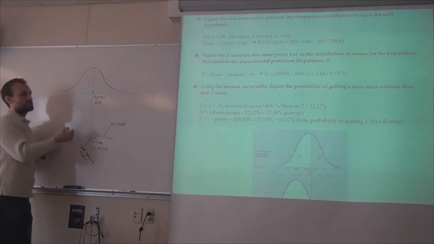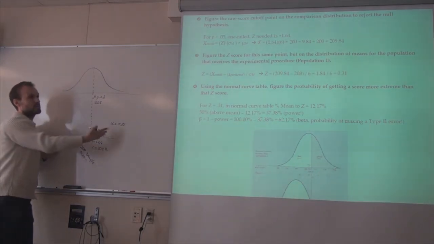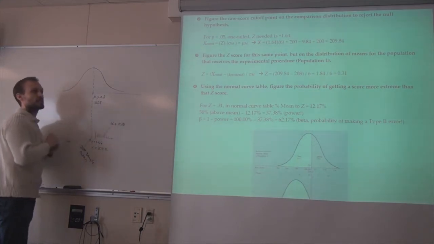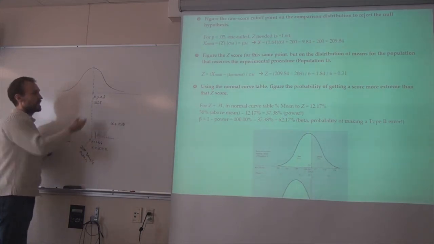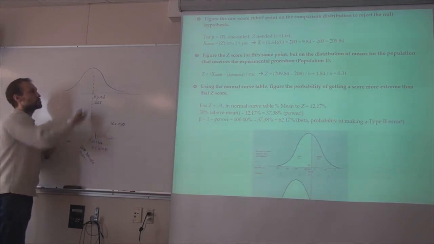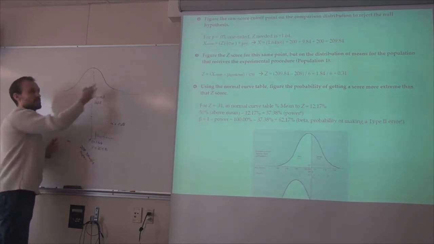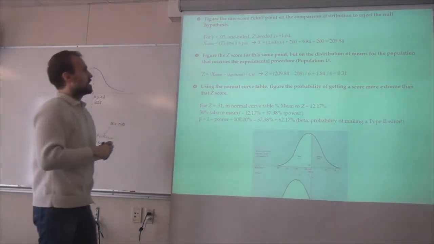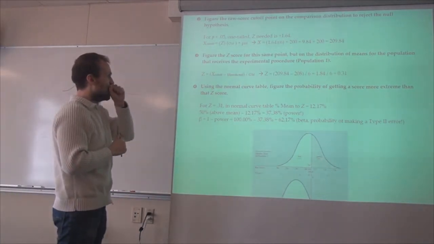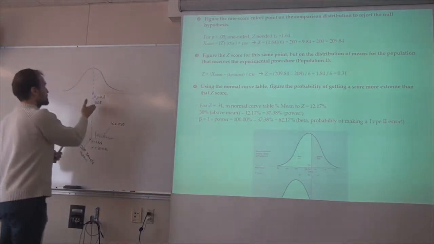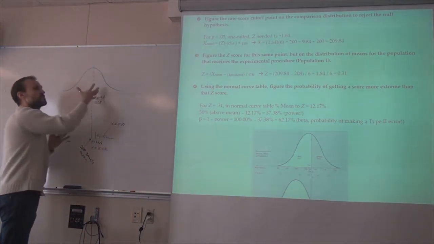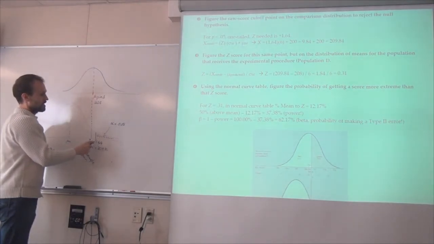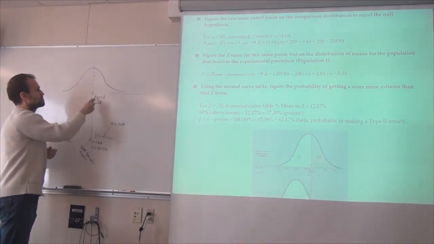So the research hypothesis could have been true, and there is a shift in the population after the treatment. And I'll take my sample mean to be the mean of that population, population 1. All right, so then I want to know, on this shifted population, so to speak, where does this 209 put me?